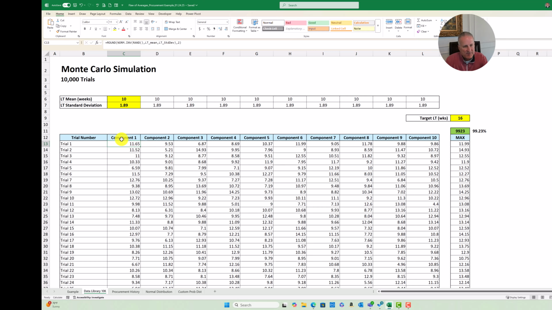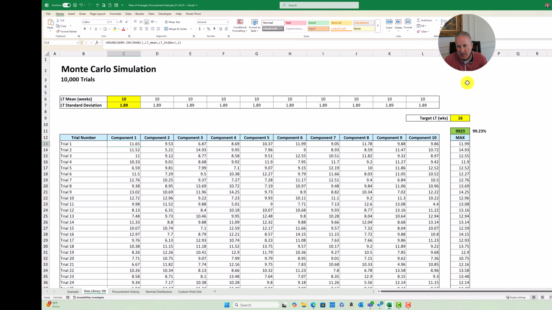If I didn't do that, this would be 11.65498723597. I just wanted to see this out to 2 digits. It doesn't really matter. But the important thing is here, we do this 10 times for each one of the 10,000 trials. So that's 100,000 different computations being made here.